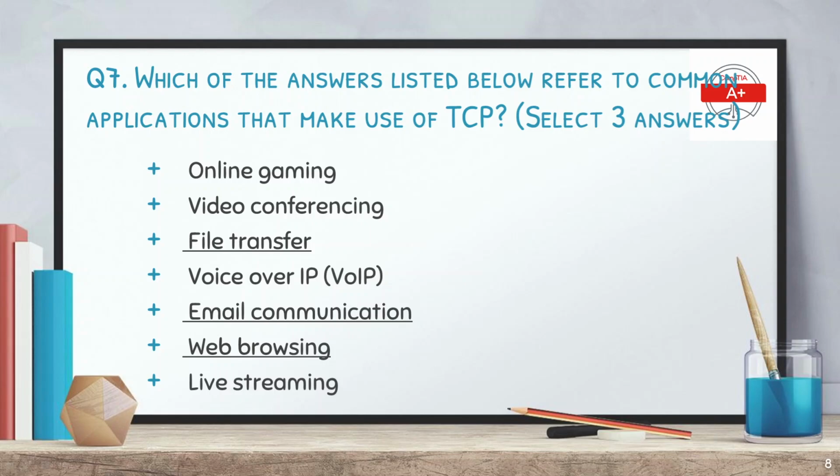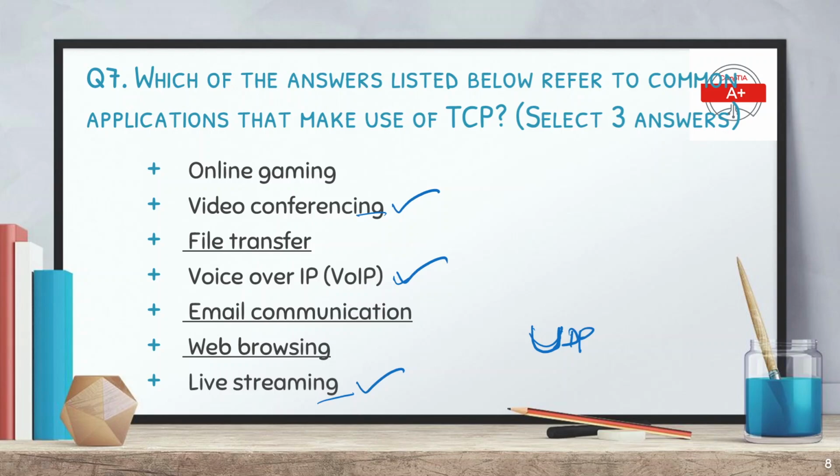You need to keep one thing in mind: audio and video applications always use UDP. Whenever you see video transmission such as live streaming or video conferencing, or voice communication, you must know that UDP is used to transmit audio or video.